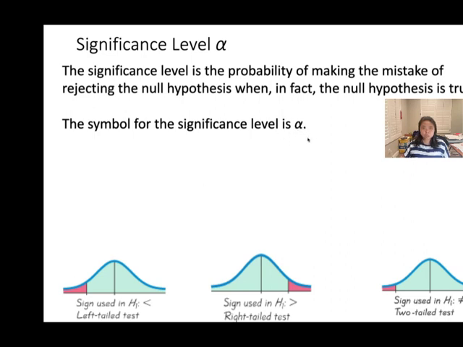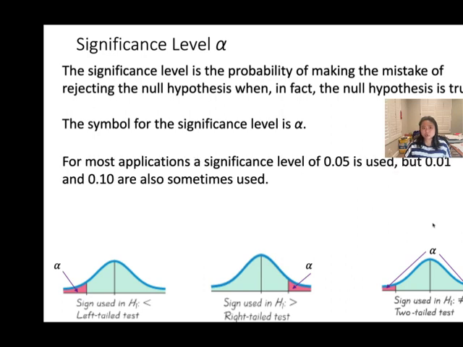When you have the left tail test, this part of the area will be your alpha, the significance level. If you're working on the right tail test, the area of the right tail here will be your significance level. If you're working on the two tail test, then the area of these two tails will be the alpha. So meaning that when you have the two tail test, you have to divide it by 2 here.